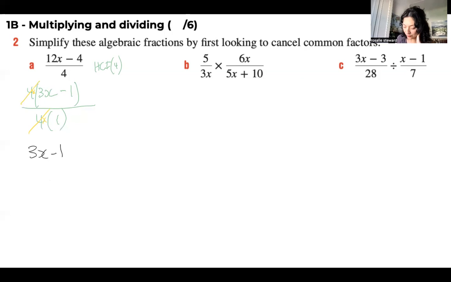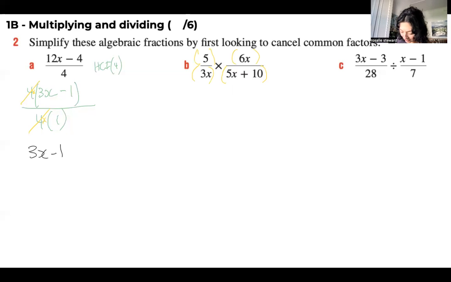Next one here. So with multiplying algebraic fractions, we multiply all the top terms by all the bottom terms. And to do that, it's really important that you put things in brackets. So when I multiply the 3x and the 5x plus 10 on the bottom, it's not just the 3x by the 5x, it's the 3x by the entire right side term. Okay, so I'm going to put everything in brackets, even though they're all sort of singles, just so it's really, really clear.